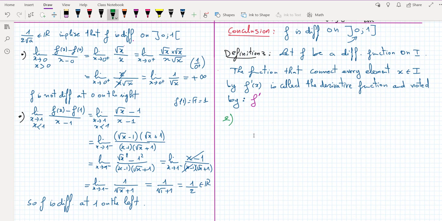Second part, let's take a look at the operations on the derivative functions.